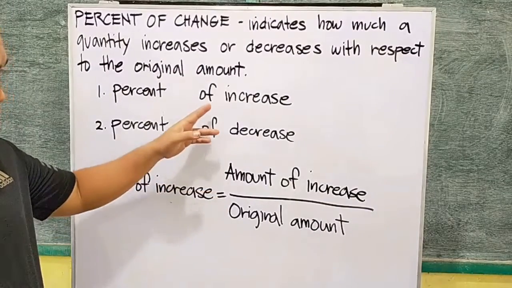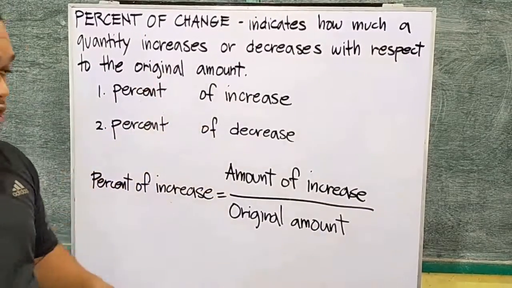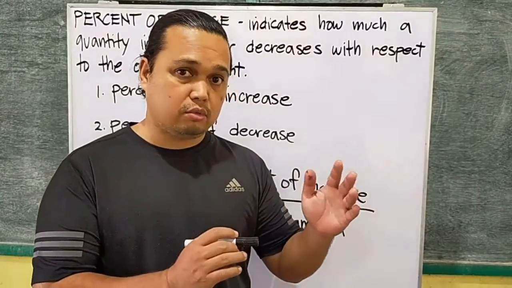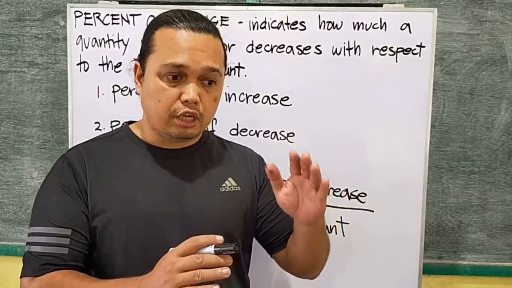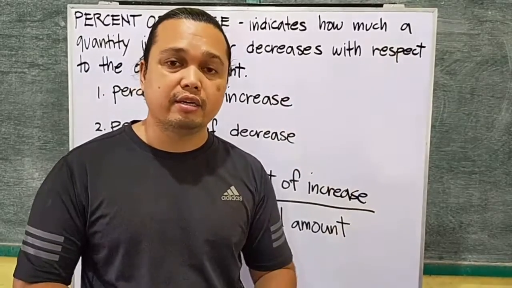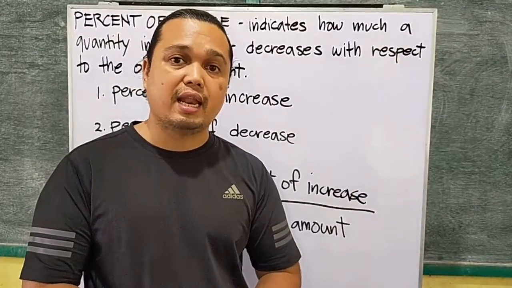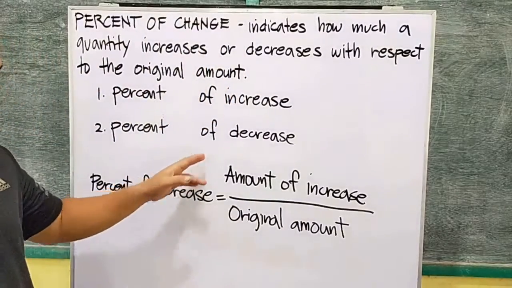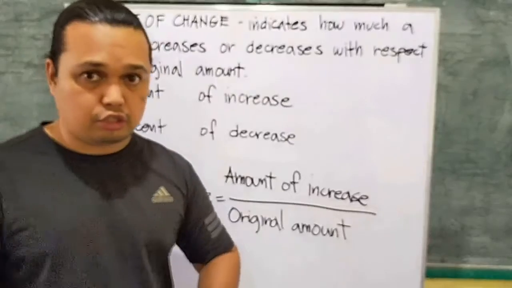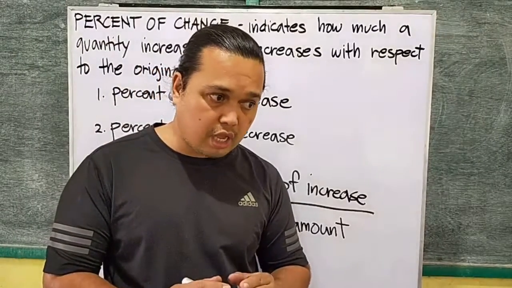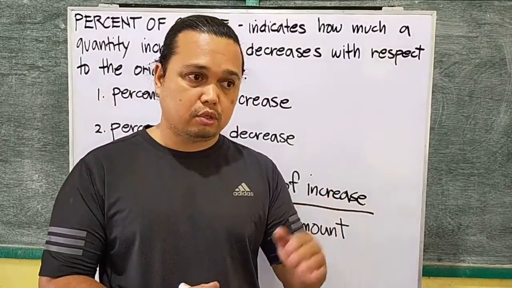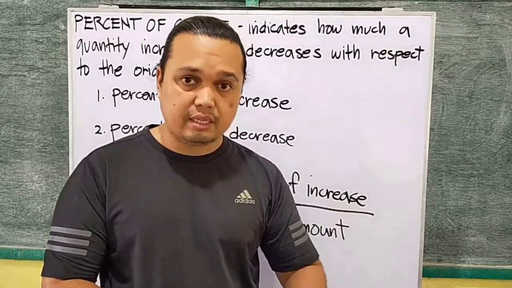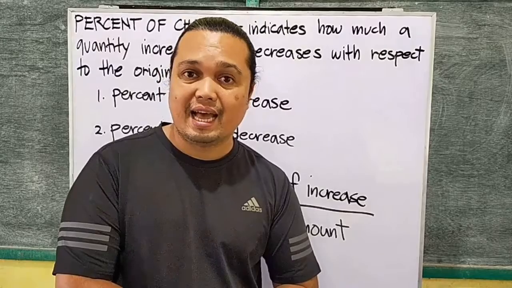Now, percent of increase is the percent of change in which the new amount is greater or higher than the original amount. While the percent of decrease is the change in which the new amount is lower than the original amount.